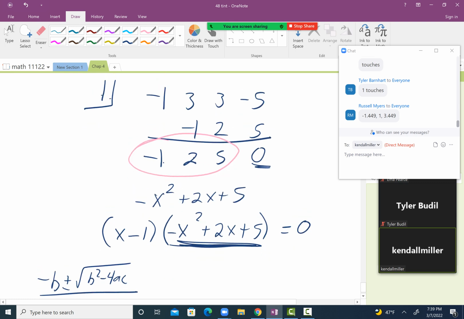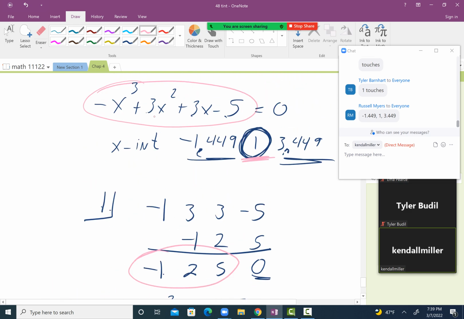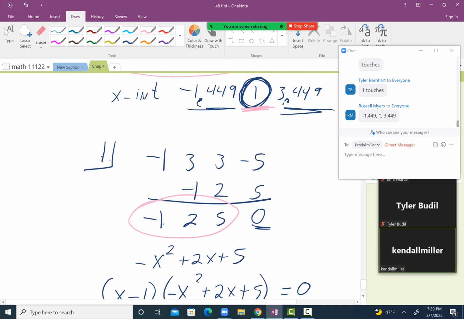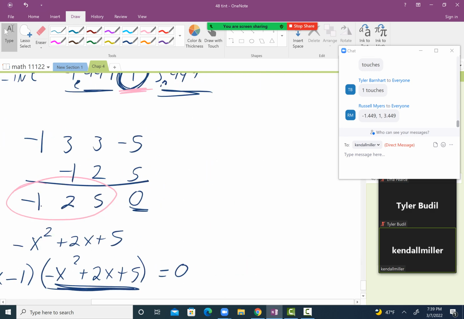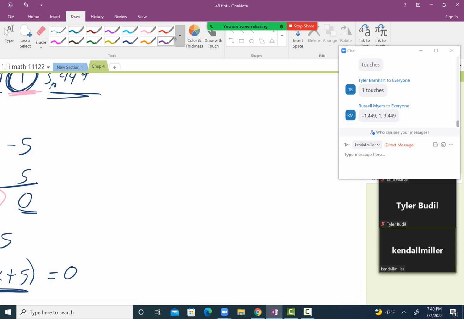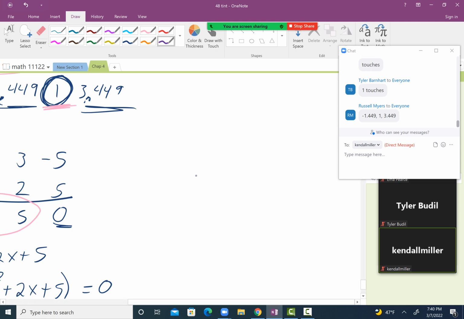When you do that, you're taking this x cubed, this third degree, and dividing it by x minus 1, which gives us a second degree. So synthetic division is an alternative to long division.